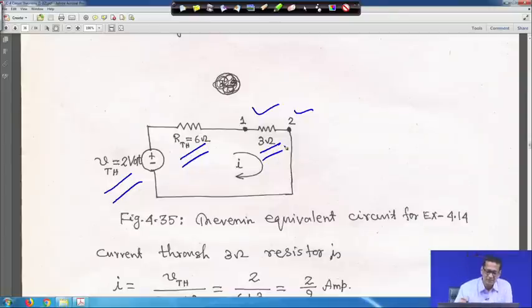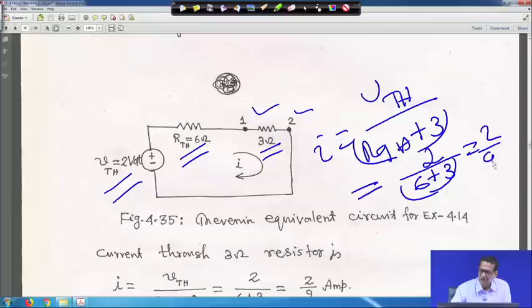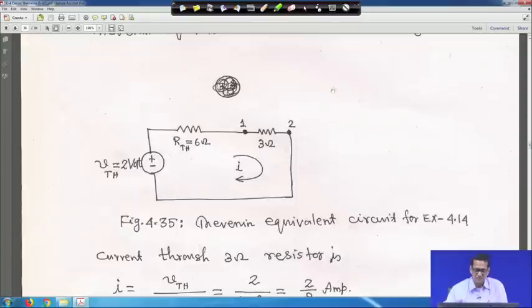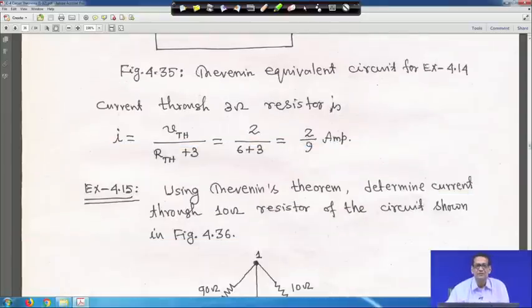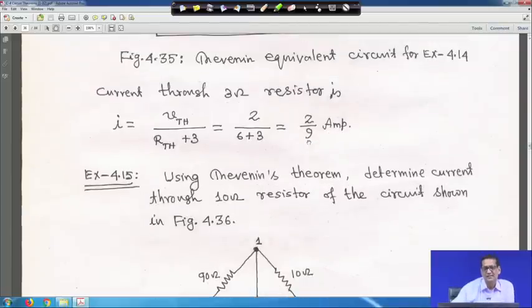So, I is equal to V Thevenin divided by R Thevenin plus this 3 ohm resistance, that is 2 divided by 6 plus 3, equal to 2 by 9 ampere. So, through the 3 ohm resistance, 2 by 9 ampere current is flowing, that is what has been done here, right. So, this is 2 by 9 ampere, V Thevenin by R Thevenin plus 3. Hope you are understanding this, right.